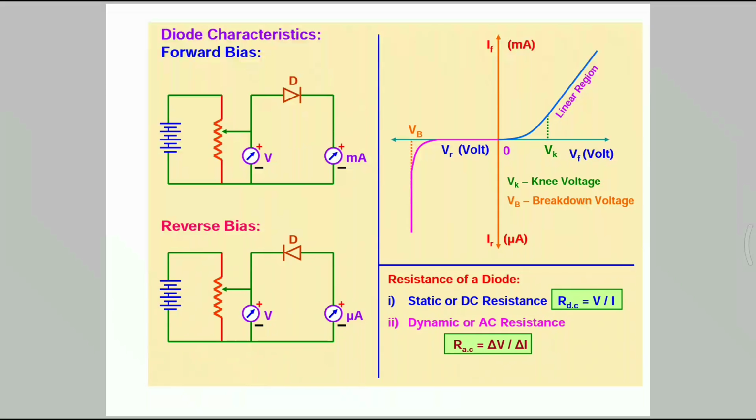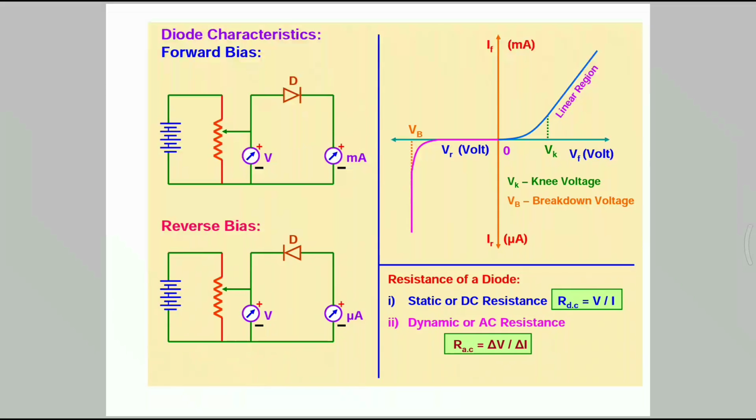At a particular voltage, the current suddenly increases in the PN junction diode, that we can call the breakdown voltage. In forward bias condition, at a particular point the current value suddenly increases, that we can call the knee voltage.